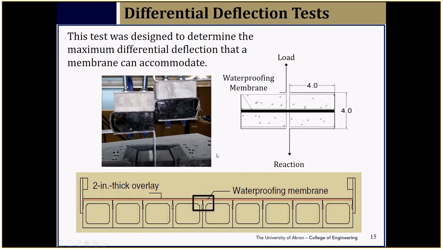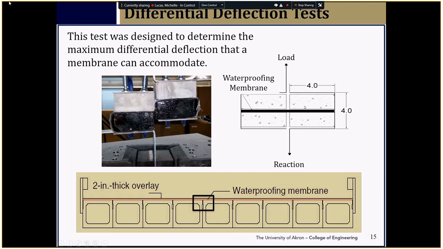They are not really acting together with adjacent beams. So once the joint is failed, we can expect the beams to have some differential deflection, and we thought maybe the membrane is being ruptured during that type of differential deflection.